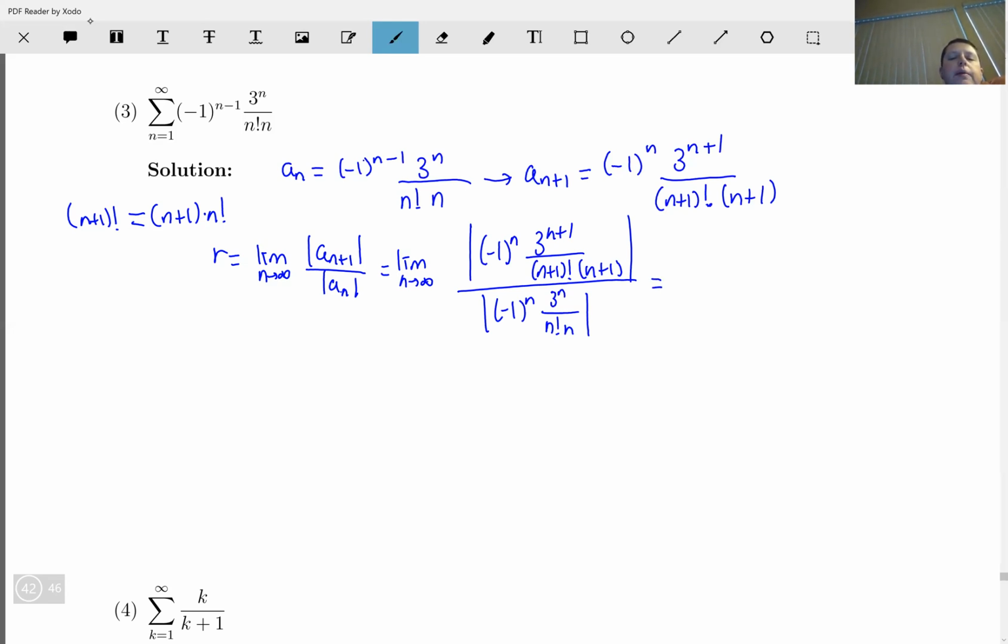When we take the absolute value, everything is positive except (-1)^n, and the absolute value of -1 is 1. So again, that just goes away.